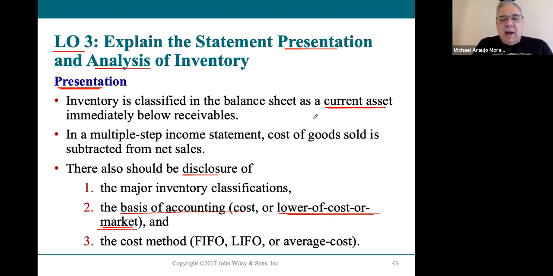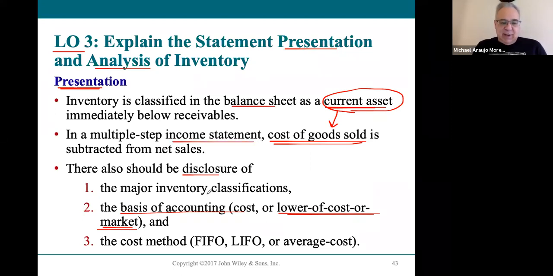Okay. All right. So again, inventory starts as a current asset. Once it is sold to the customer, it gets expensed as cost of goods sold. So again, the balance sheet is affected, and then later the income statement is going to be affected. Businesses have to disclose their inventory accounts. For manufacturers, it's more complex.